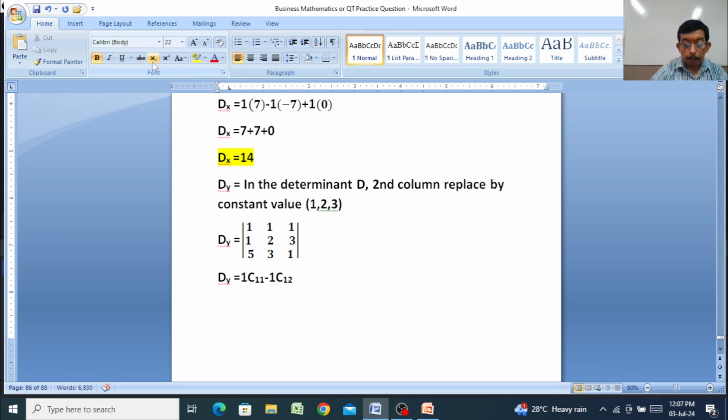Then we take plus 1, the next element is 1 with the sign plus, and the corresponding cofactor is C13. Now calculate the values of C11, C12, C13 in the next step.